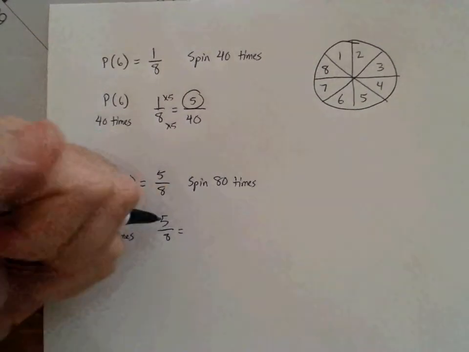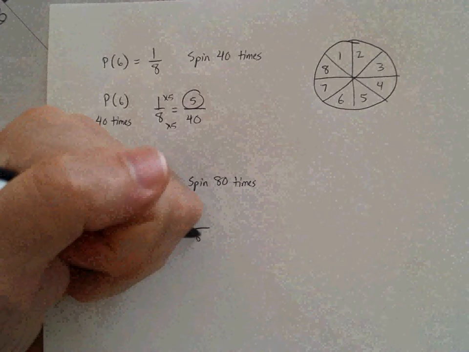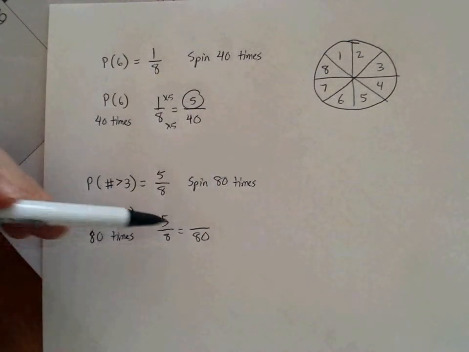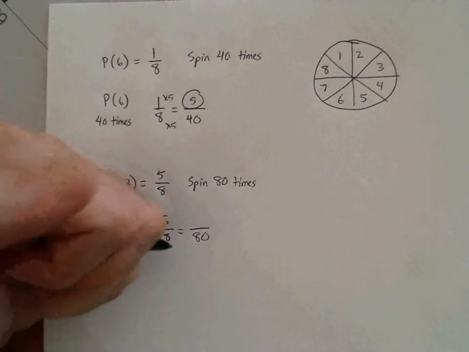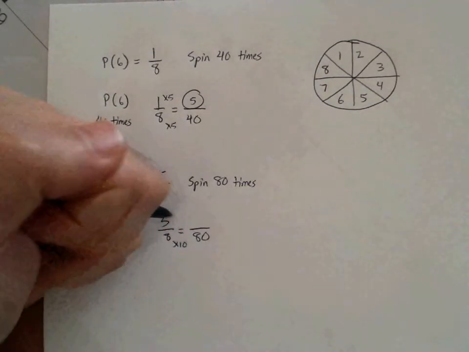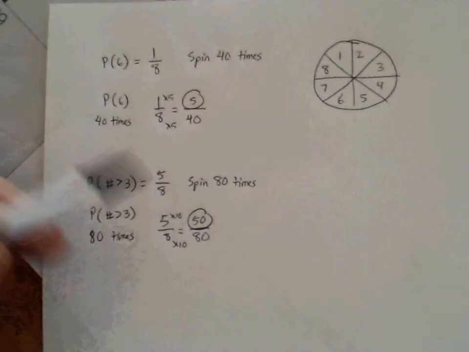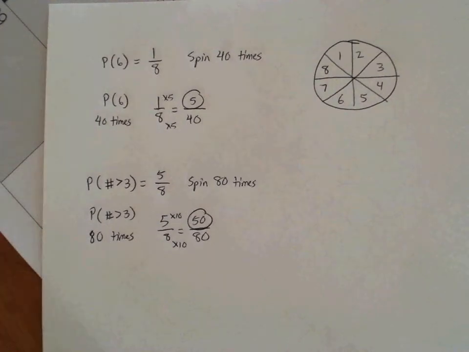So if every 5 out of 8 spins is a number greater than 3, how many spins out of 80 should end up showing a number greater than 3? So over here I can do my shortcut again, times 10, times 10. So this time I've got 50 for my answer. So basically 50 out of 80 spins should show up as a number greater than 3.